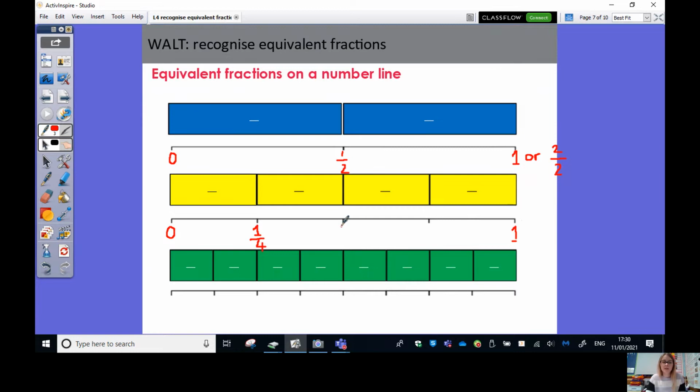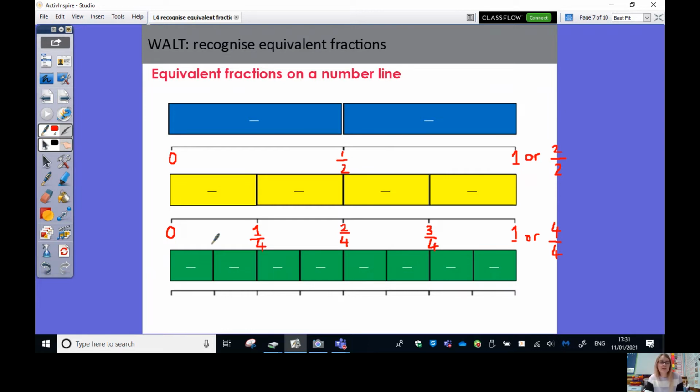My second label is going to be 2/4. Well done if you're saying that along with me. And the next one is going to be 3/4. And then finally, 1 whole or 4/4 because they are the same. If I've got 4 whole parts and it's split into 4, then the whole thing is shaded. Or I have 4 parts.